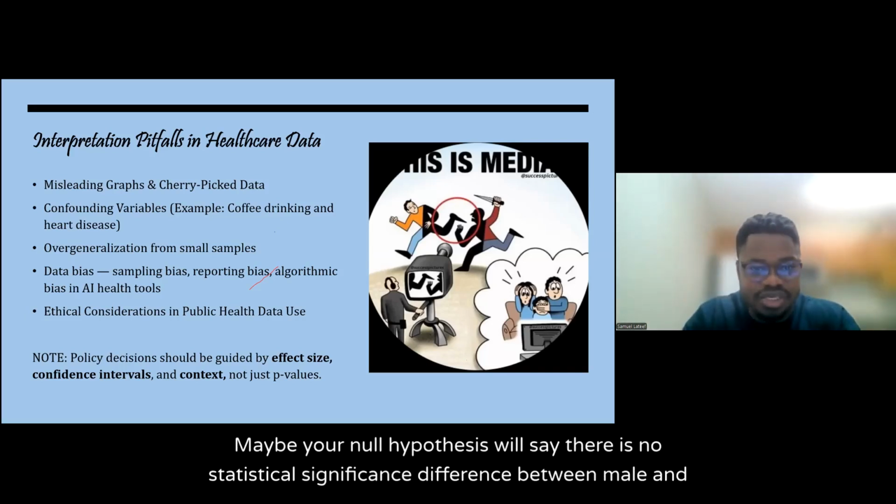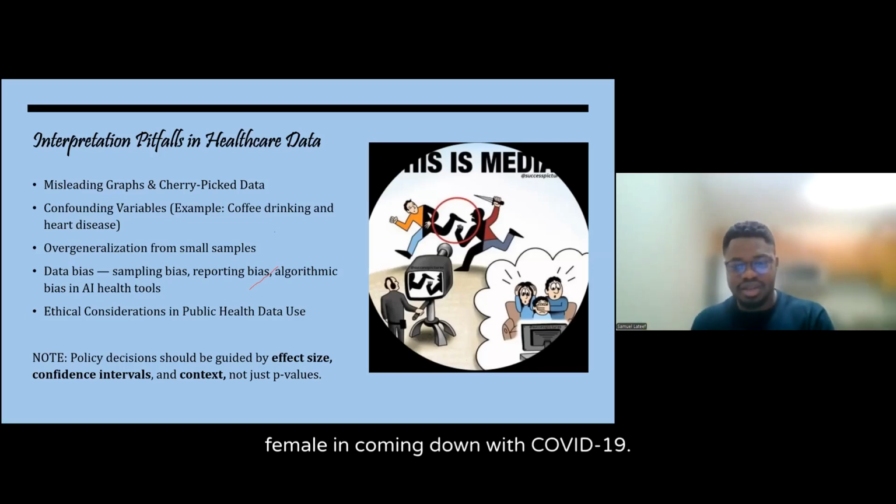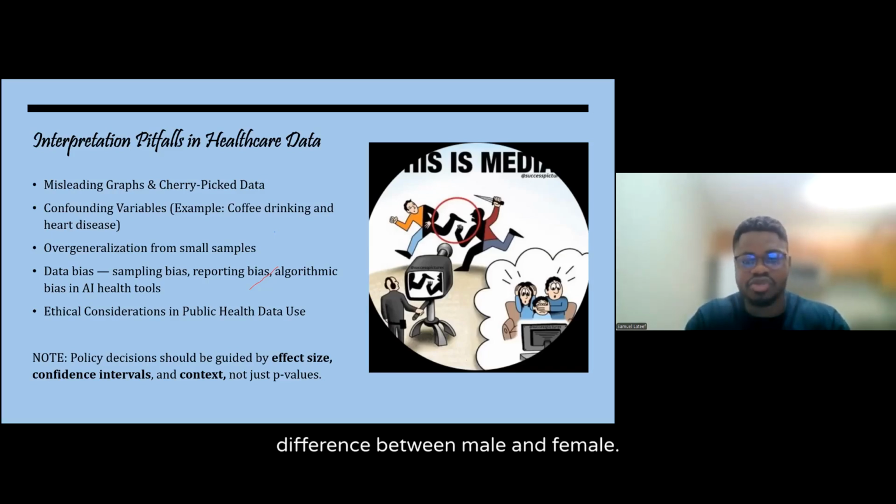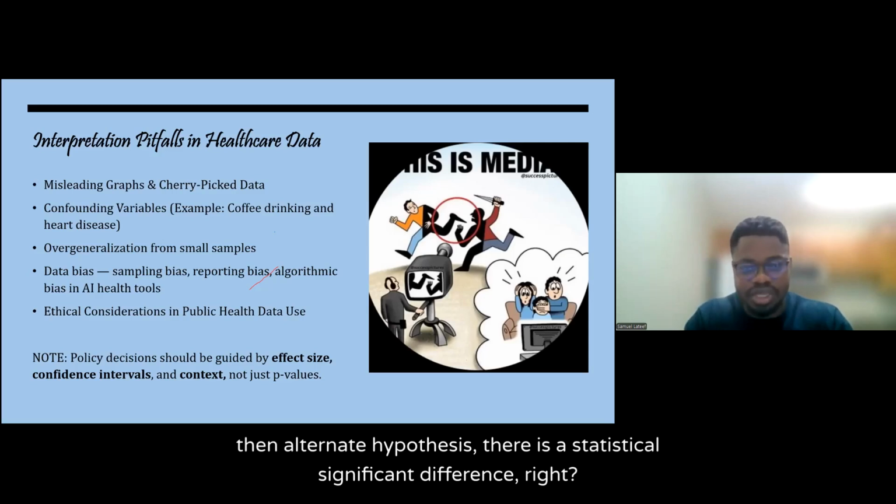Maybe your null hypothesis will say there is no statistically significant difference between male and female in coming down with COVID-19. For example, if that's the hypothesis, the null hypothesis says there's no statistically significant difference between male and female, then the alternate hypothesis says there is a statistically significant difference, right?